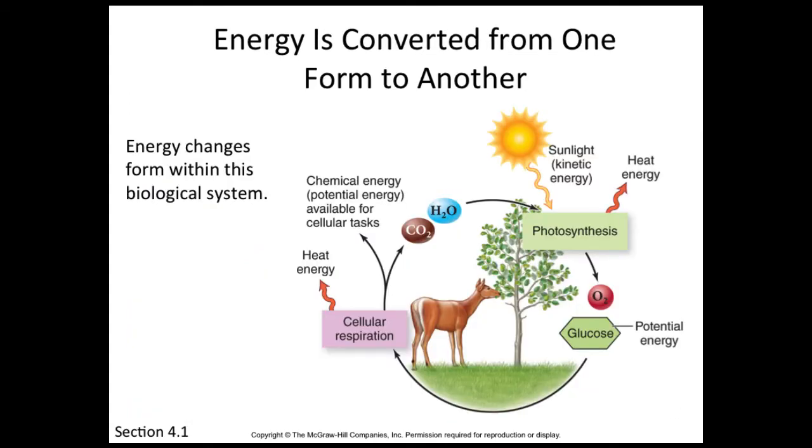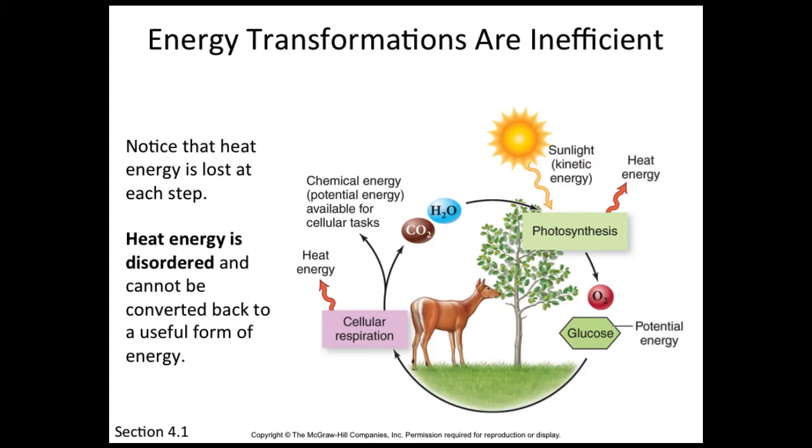Energy changes form within any biological system. And in this diagram on your screen, you can see this relationship of photosynthesis to cellular respiration and all of the energy transformations that are occurring between all living things in the system. Notice that heat energy is lost at every step of this process.